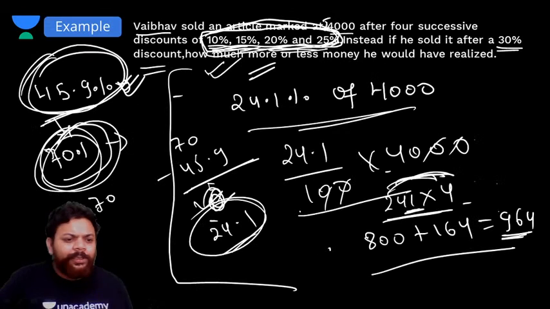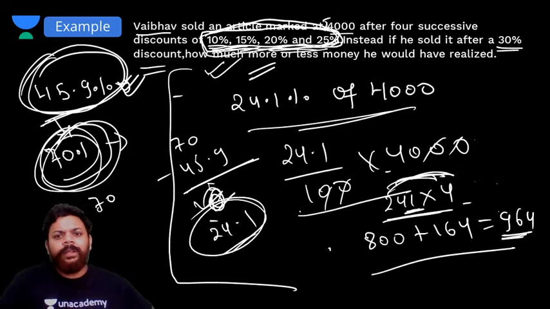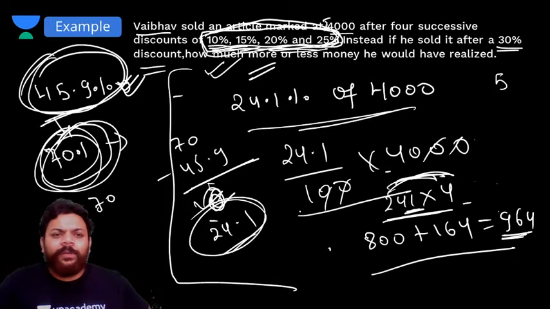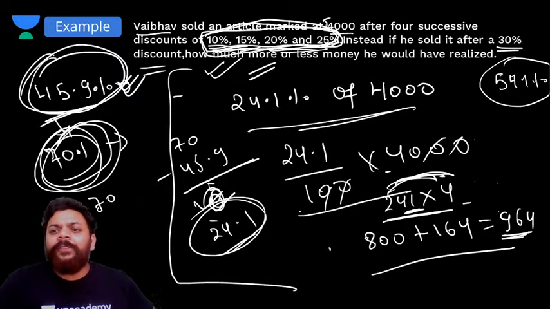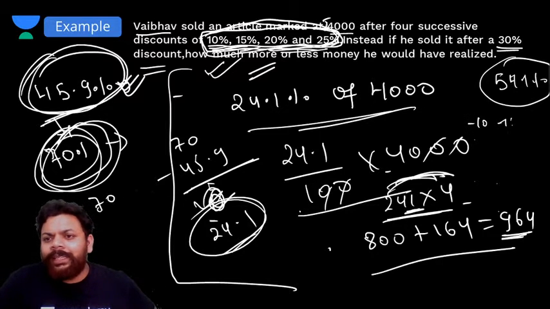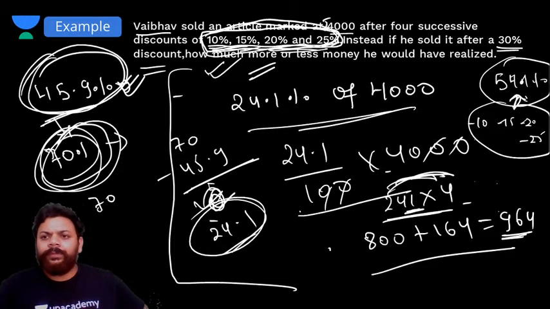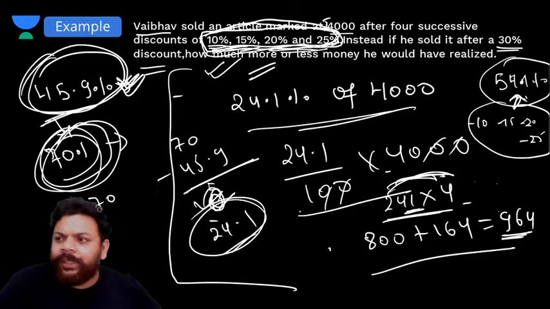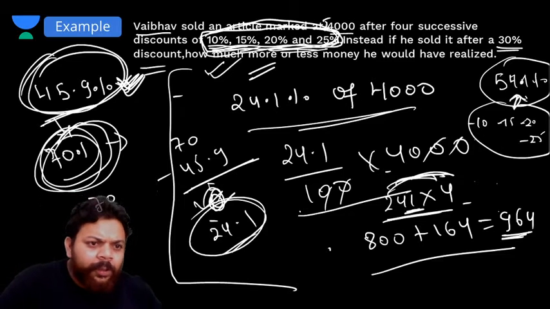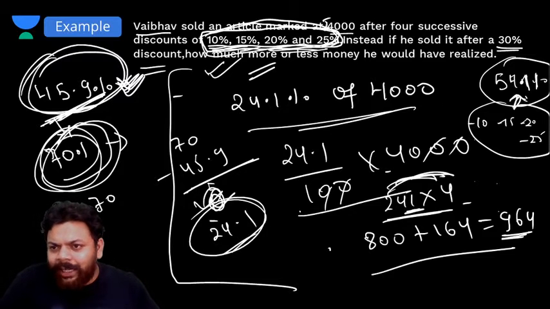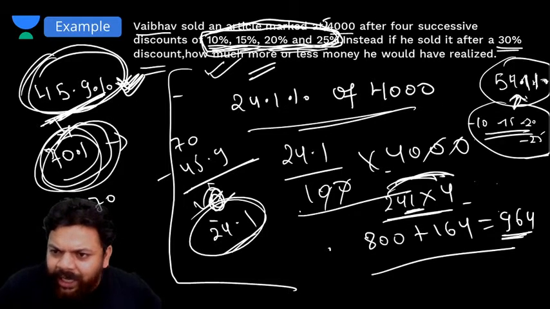After discount in this question, there was a discount of 54.1%, successive. If I try to find it for -10, -15, -20 and -25, you will get a discount of 54.1. That means you need to pay this one. You need to pay 45.9 since 54.1 is the discount. You can calculate this and see.